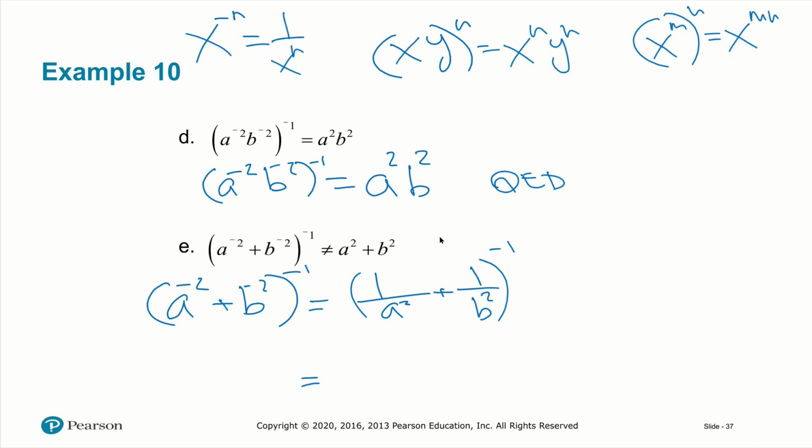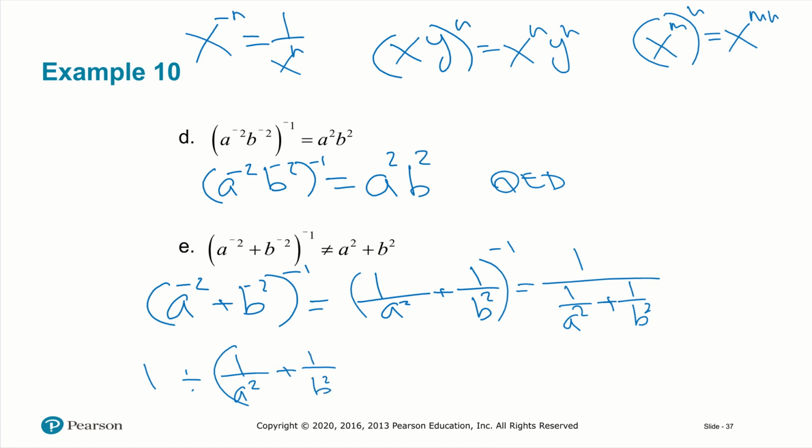So we're going to get, let's put it over here, 1 over a squared plus 1 over b squared. So that's basically 1 divided by 1 over a squared plus 1 over b squared, which is 1 divided by, we're going to go ahead and add these two unlike fractions.